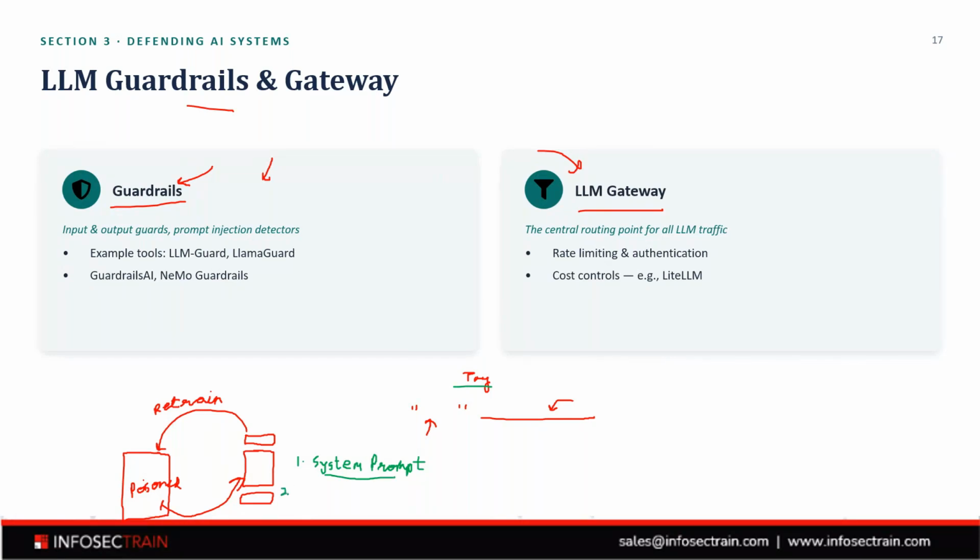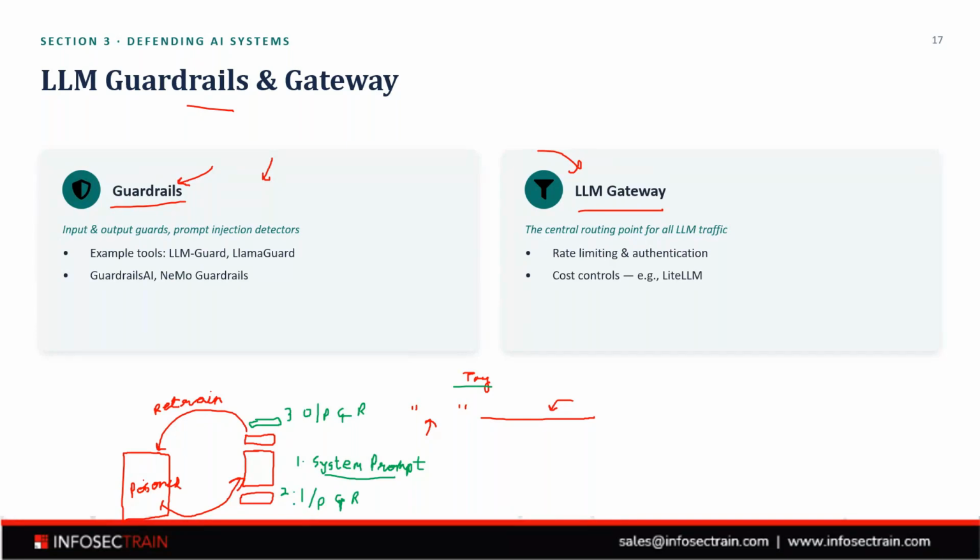So you have this input guardrail, I'll just name it as IP input guardrail. Then you have this output guardrail also. The input guardrail will check your prompts.